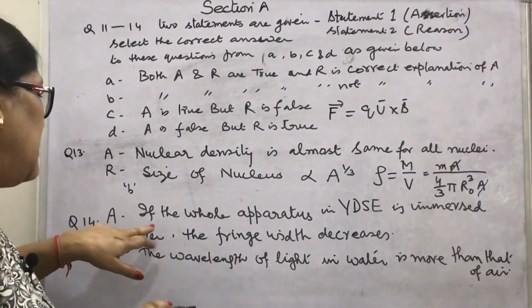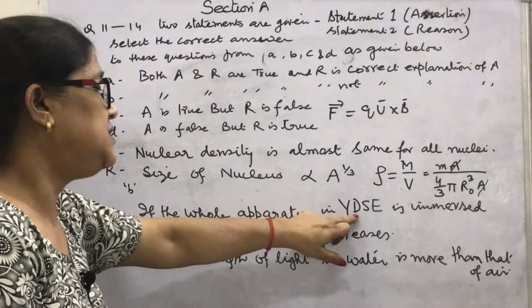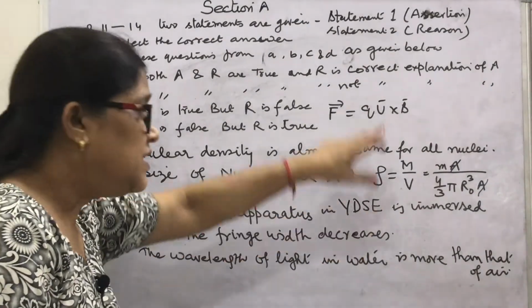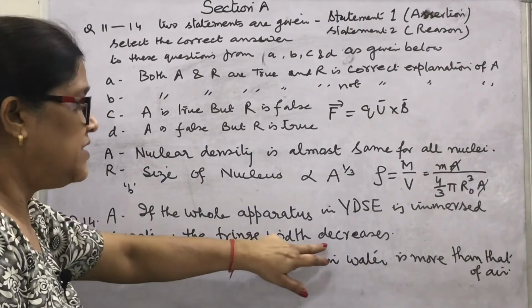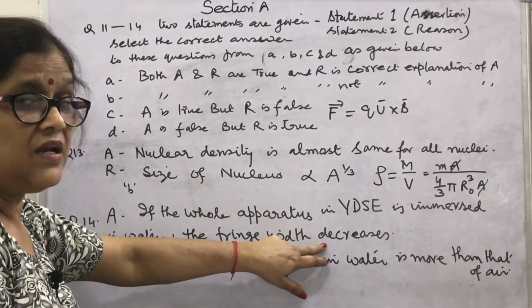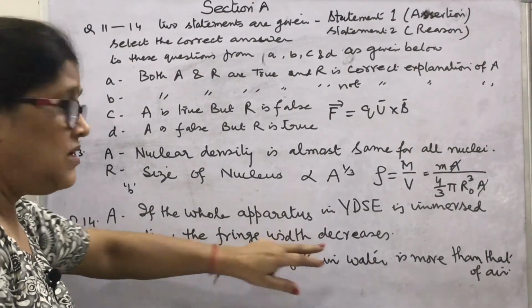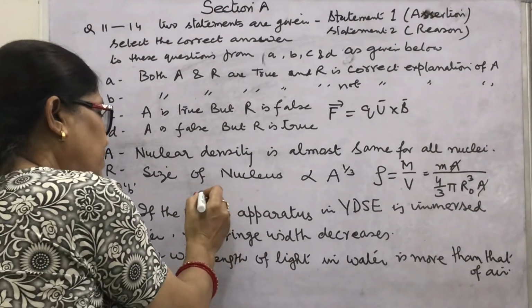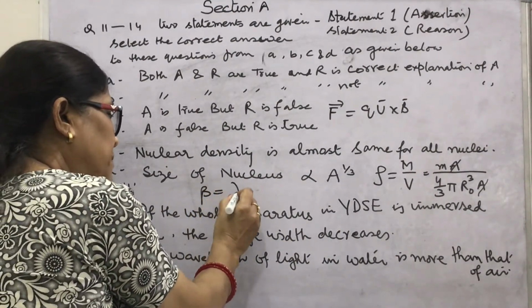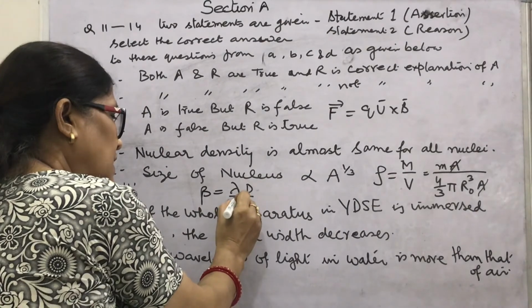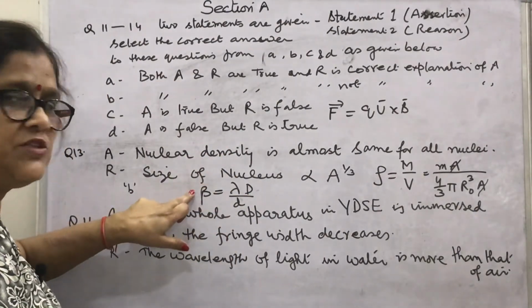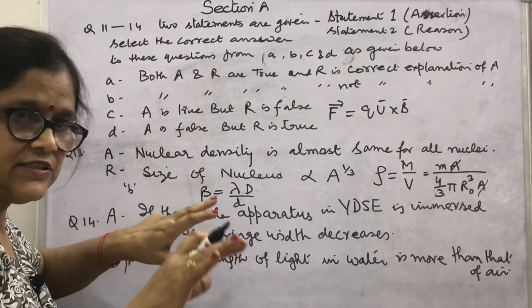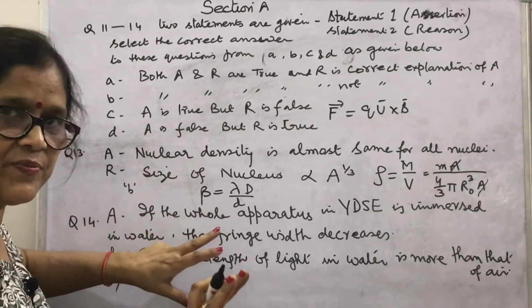Next question. If the whole apparatus in Young's double slit experiment is immersed in water, the fringe width decreases. Tell true or false. Look, what is the formula for fringe width? Lambda D upon d, and in water lambda decreases, so fringe width decreases. Yes, so this A is correct.